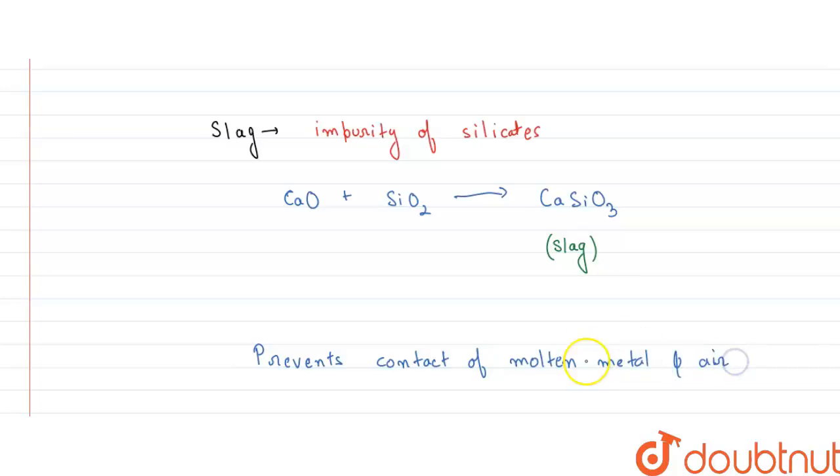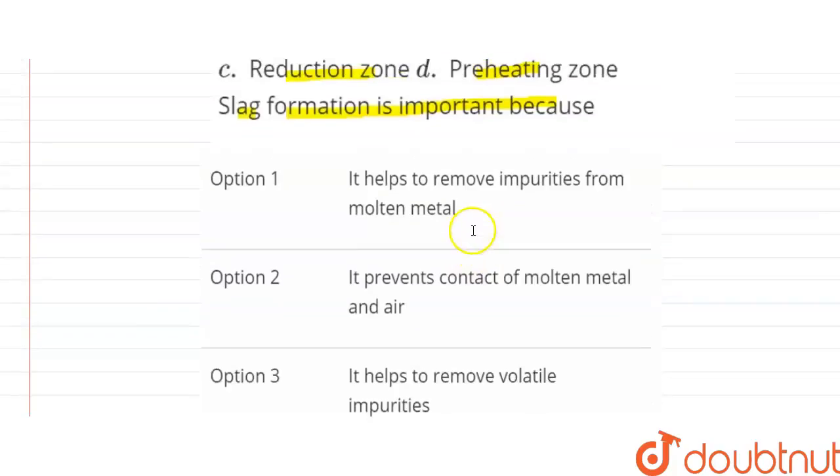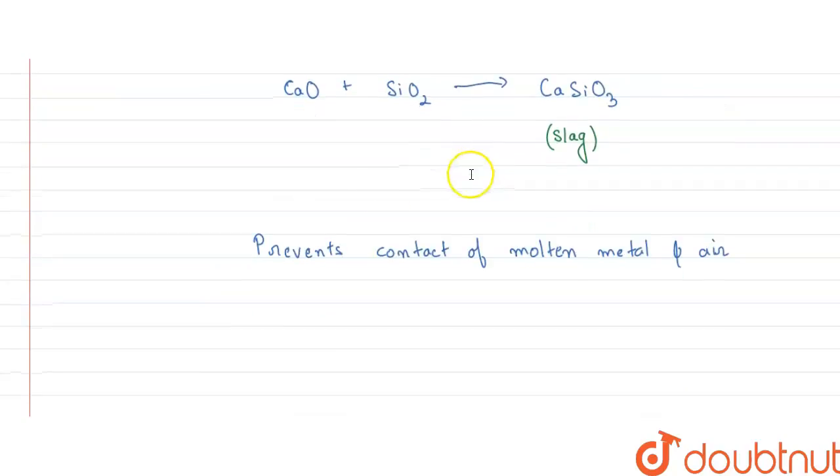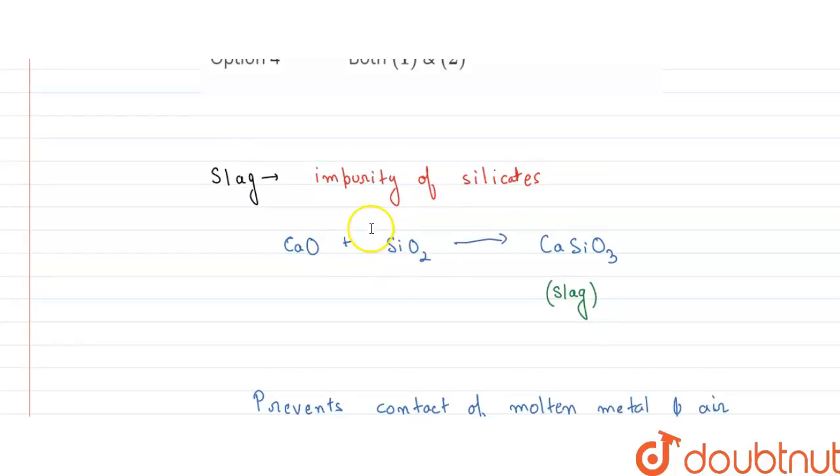Because we know that if the molten metal comes in contact with air, then it will get oxidized, because air has oxygen in it. Hence there will be no point of doing the entire process of blast furnace. This will be a total waste, because if the iron gets oxidized, it will convert to iron oxide. The desired product that we want after blast furnace was the iron metal itself and not the oxides of iron. So this slag prevents the molten metal from coming in contact with the air. So these are the two functions of slag, and this is how it is formed.